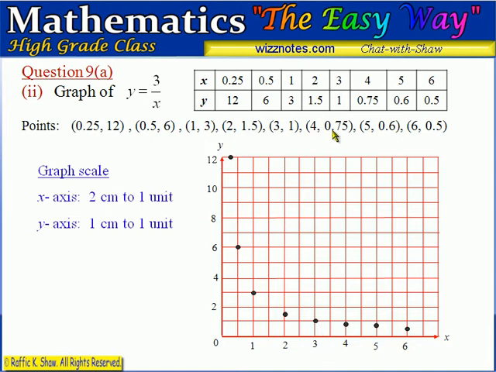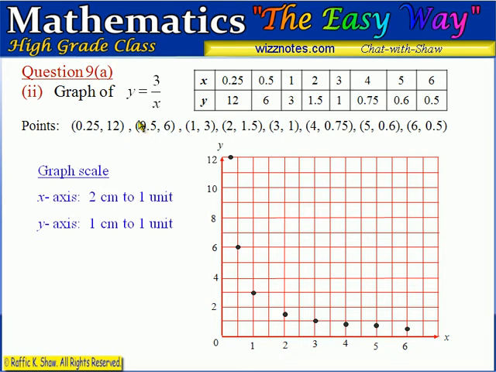And for this point, x is 4, y is 0.75. This point, x is 5, y is 0.6, and the last point here, x is 6, y is 0.5.